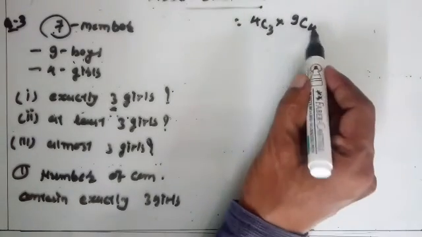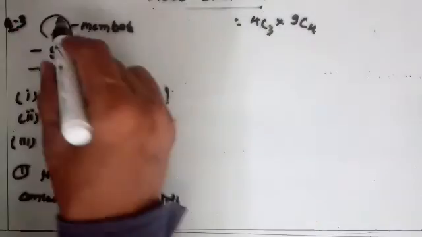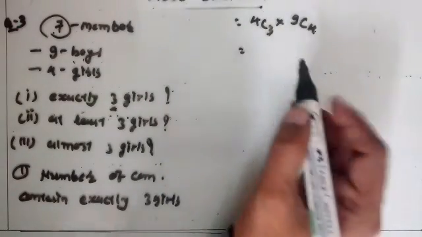Clear? Here the total becomes 3 plus 4, 7, that is the number of committee members.